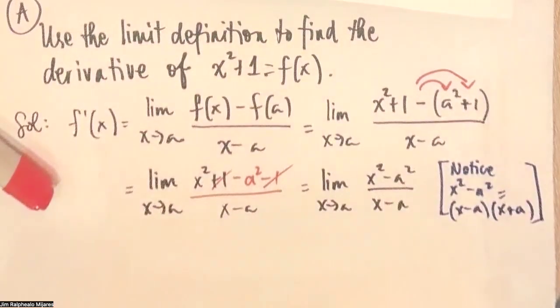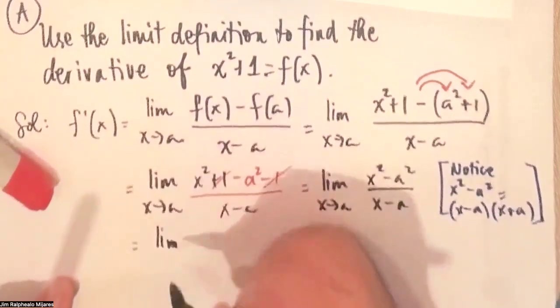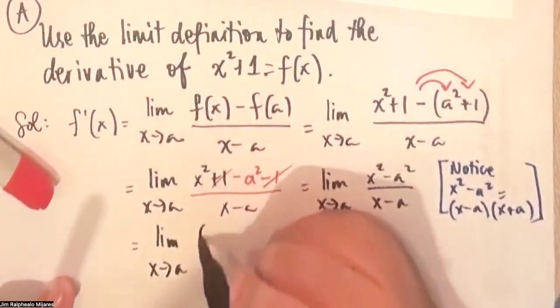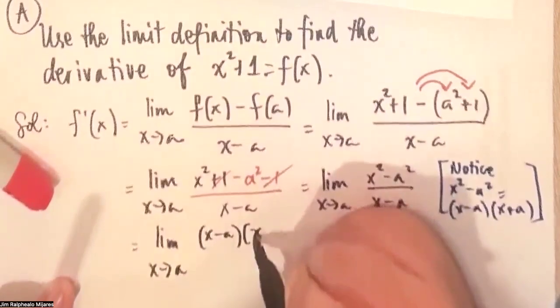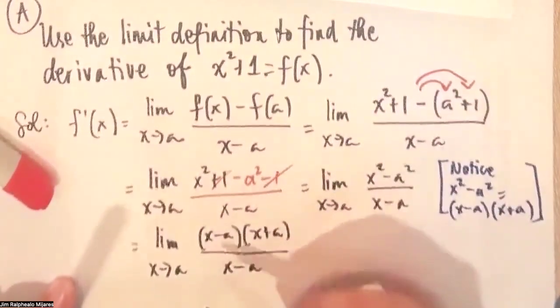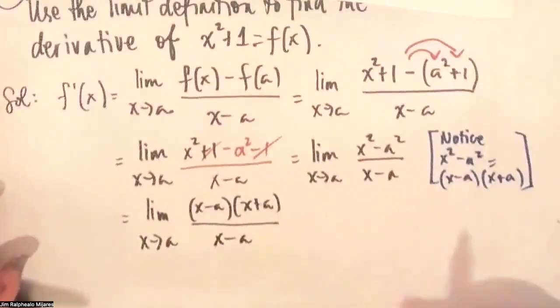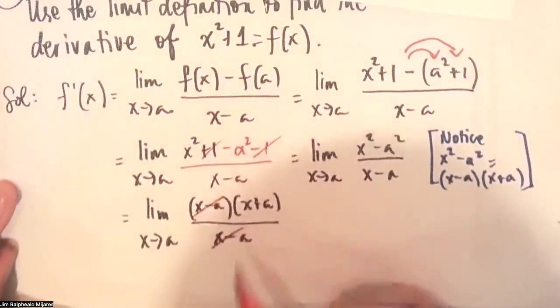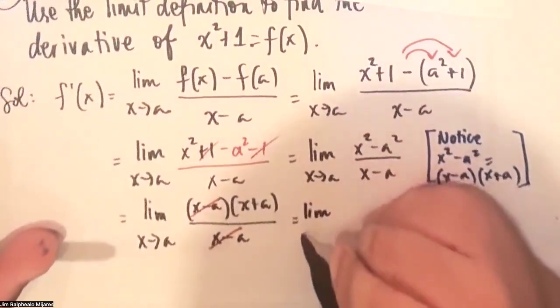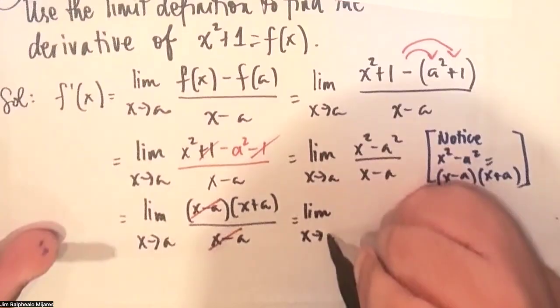So x squared minus a squared becomes x minus a times x plus a all over x minus a. And then you can cancel them out to get the limit as x approaches a.